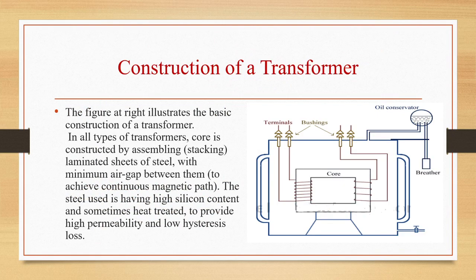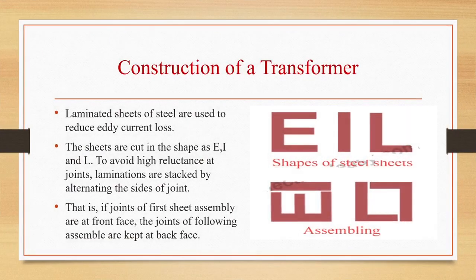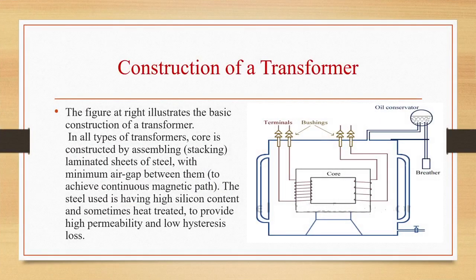Construction wise, for a small transformer there are basically two parts, winding and the core, but for a large transformer this will be placed inside a big tank, so inside some big material, all this will be placed.